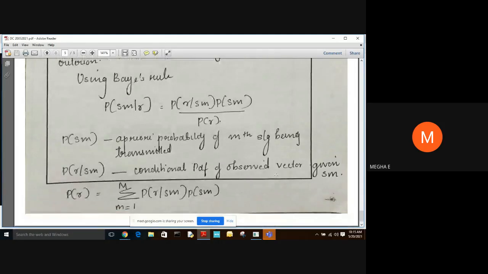And P of R we know is nothing but the summation from m equal to 1 to M of P of R given Sm into P of Sm.